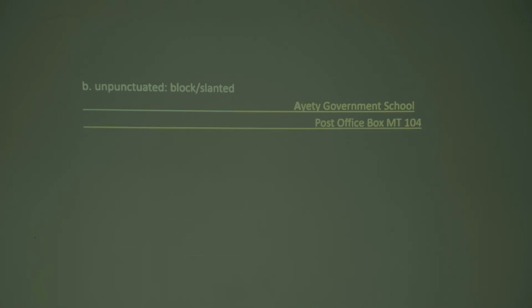Then the unpunctuated can also be blocked or slanted. So for example, Ayete Government School is unpunctuated. I didn't put a comma. Post Office Box, no comma. Osu. This one should have also been slanted. So there's an error there.